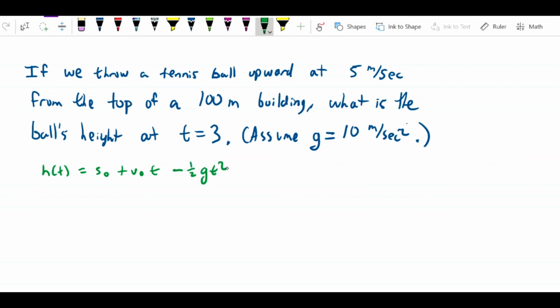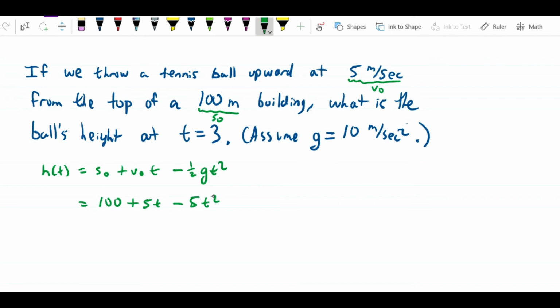And what we can see is that this is v0, the initial velocity, and this is s0, the initial position. So this is going to be 100 plus 5t minus, I've said we can use 10 for g, so that's going to be minus 5t squared, like that.